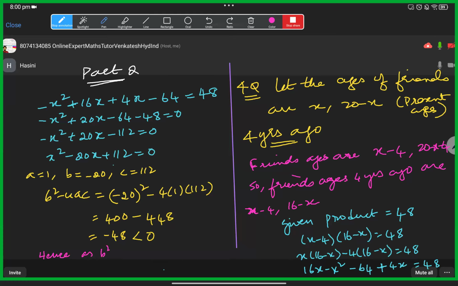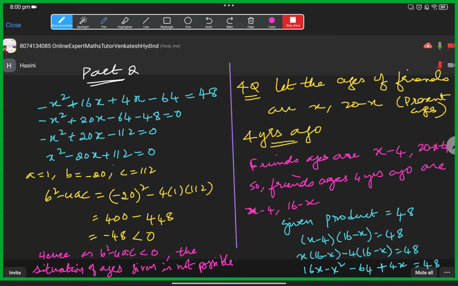as b square minus 4ac is less than 0, the situation of ages given is not possible.